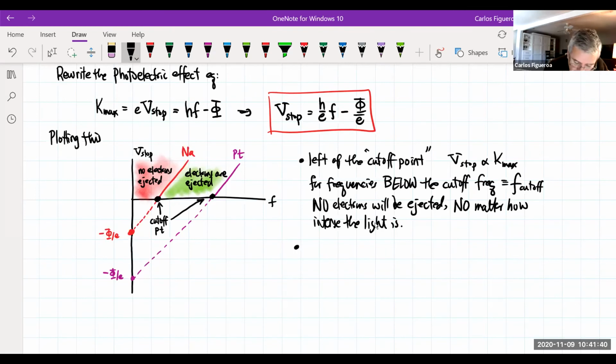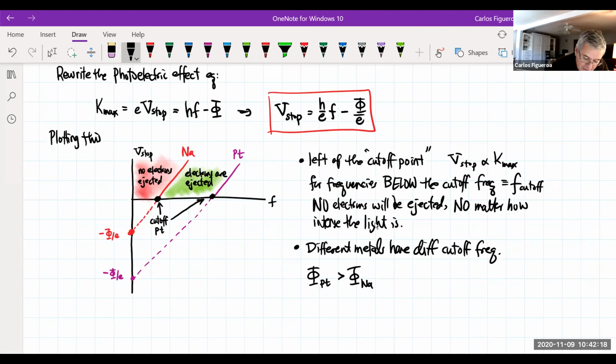So different metals have different cutoff frequencies, meaning that it's harder to eject things out of platinum than it is out of sodium. The work function of platinum, as we saw earlier, was greater than that of sodium.